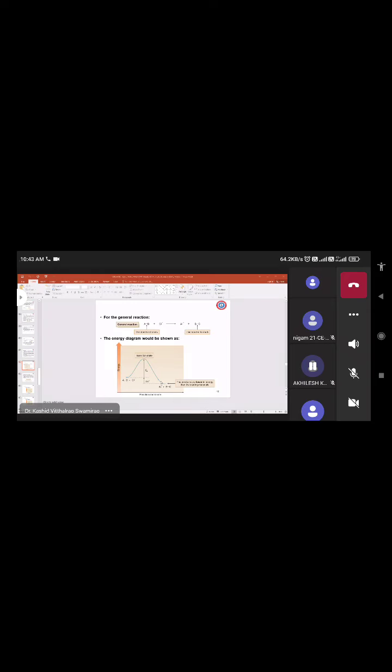So you cannot say that ionization energy of all the molecules is the same. Okay, it is different. So the solubility product of each solute will also be different.